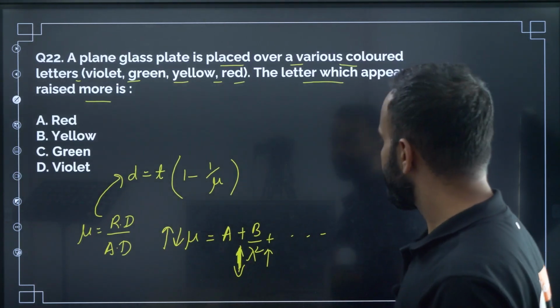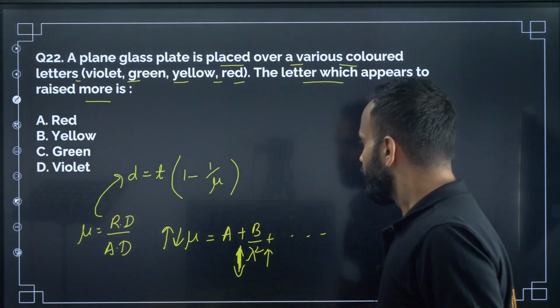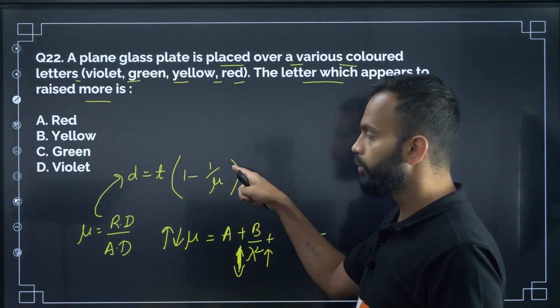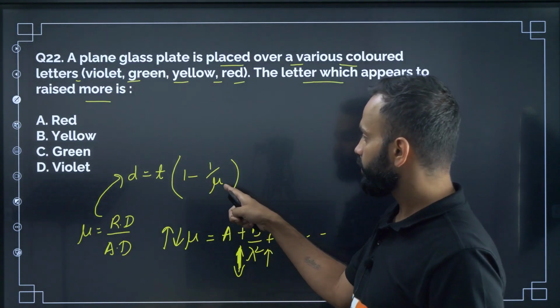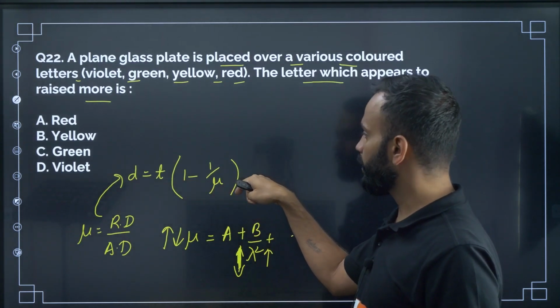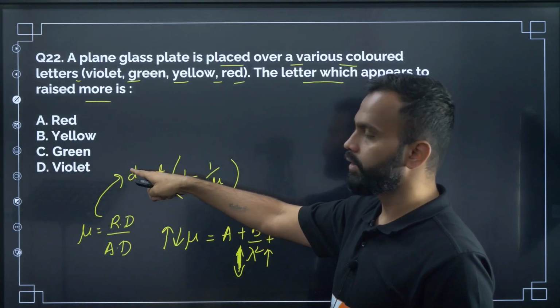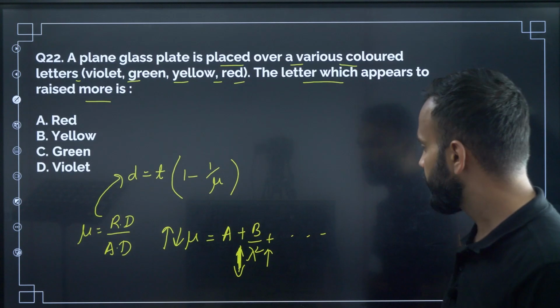So here the mu value has to be maximum, then only the shift will be more.